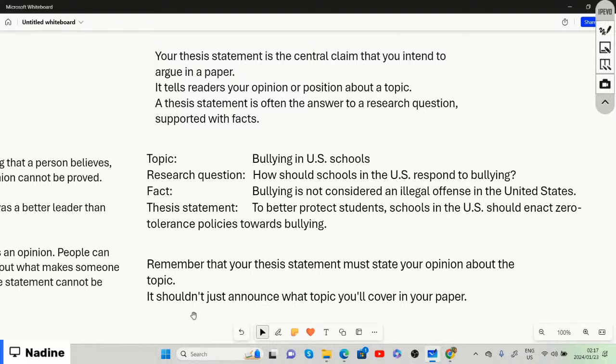And then we have facts. Remember, a fact is something that was researched or observed. And it says that bullying is not considered an illegal offense in the United States.